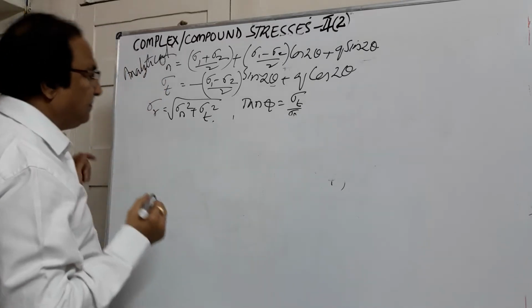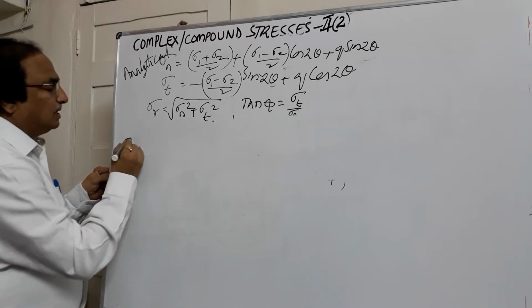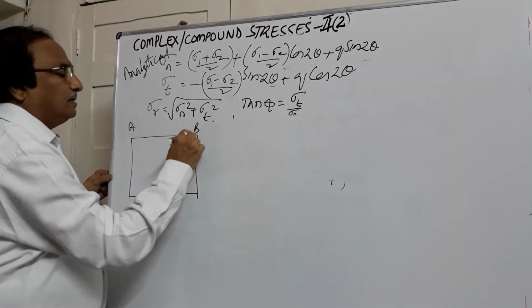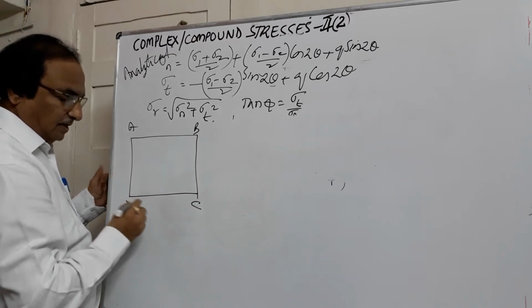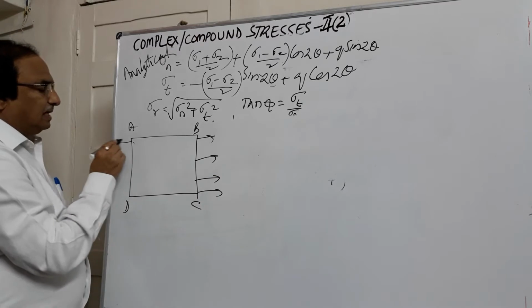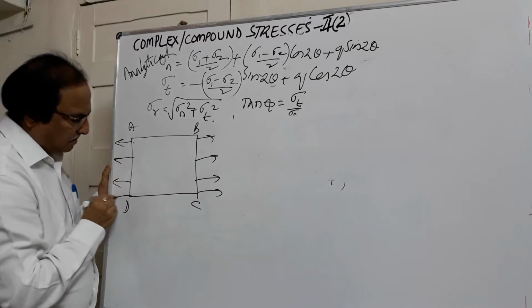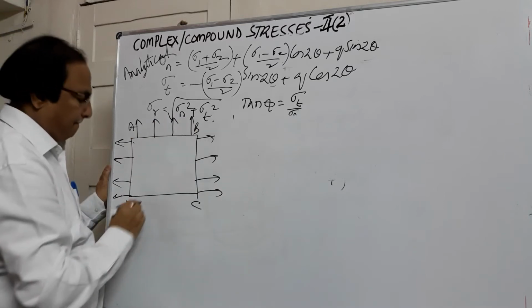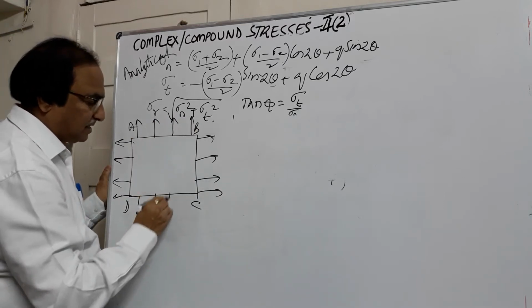Let us take a simple problem here. Suppose there is an element A, B, C, D subjected to stresses in the x direction and stresses in the y direction. So this is a biaxial stress system.